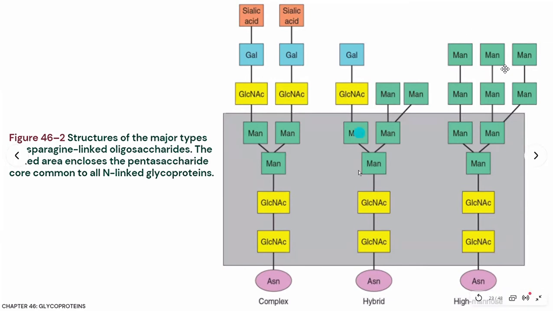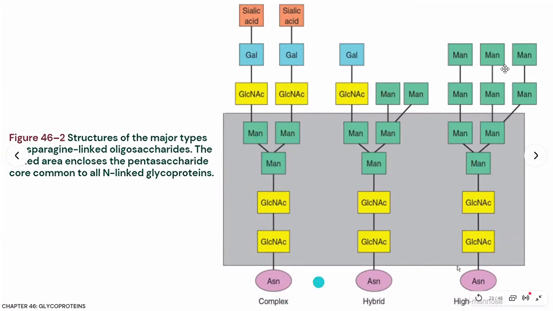Okay. If you look at this, you have the amino acid asparagine. And then you have N-acetylated glucose, two molecules, and then you have mannose, three molecules.